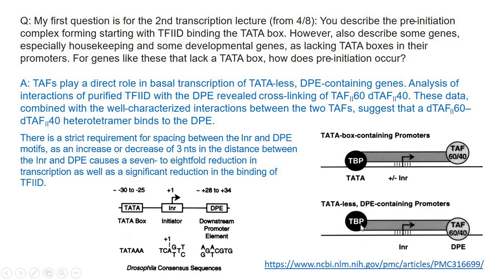So that's not a TATA box, and that's the reason I said in the previous lecture that TBP is kind of a misnomer, because it's not really a TATA box binding protein. It can bind to sequences other than the TATA box as well. So TBP binds here, auxiliary factors bind here, and together these will initiate transcription.